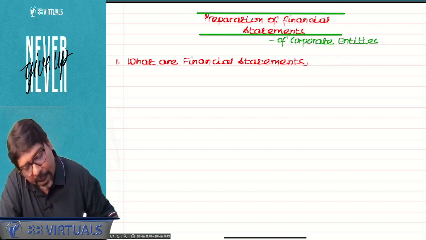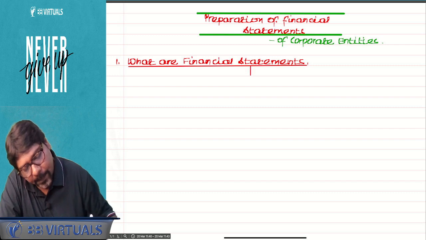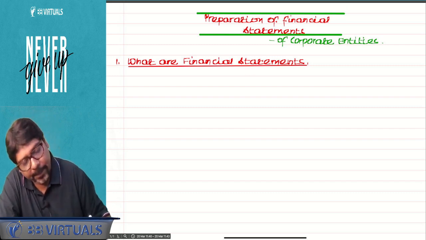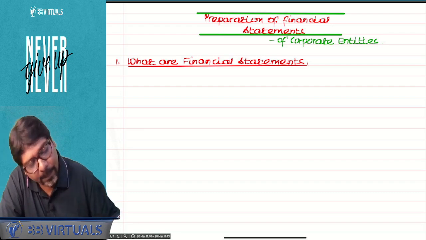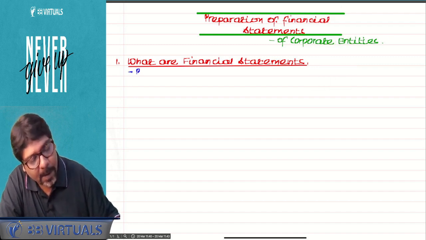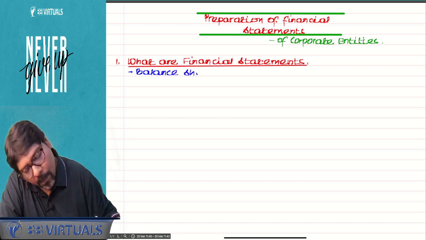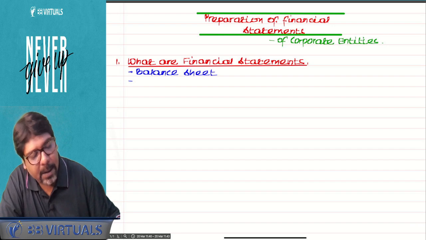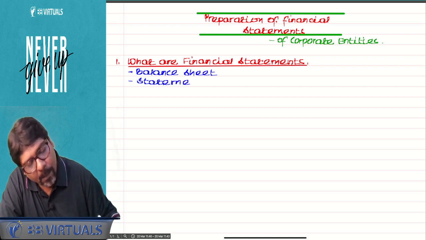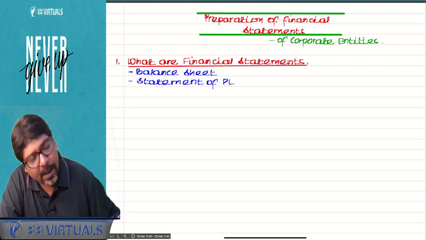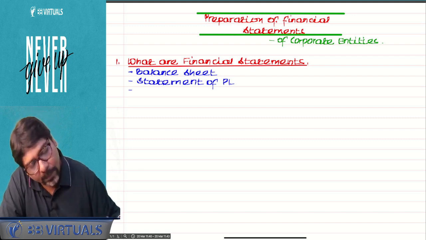Now, beta, financial statements are balance sheet, statement of PL, then balance sheet, statement of PL.